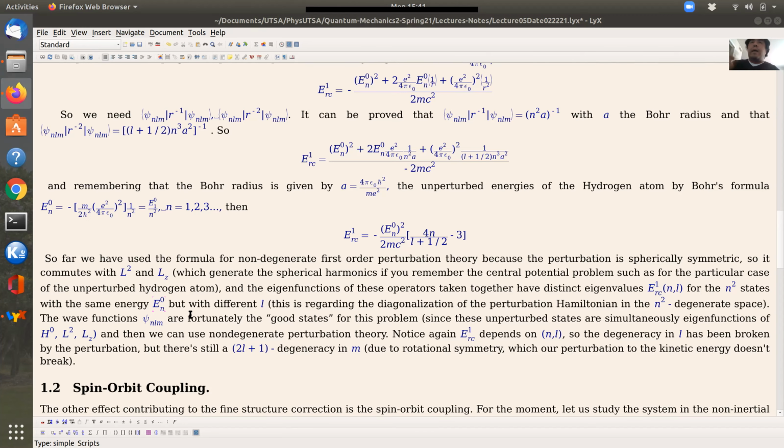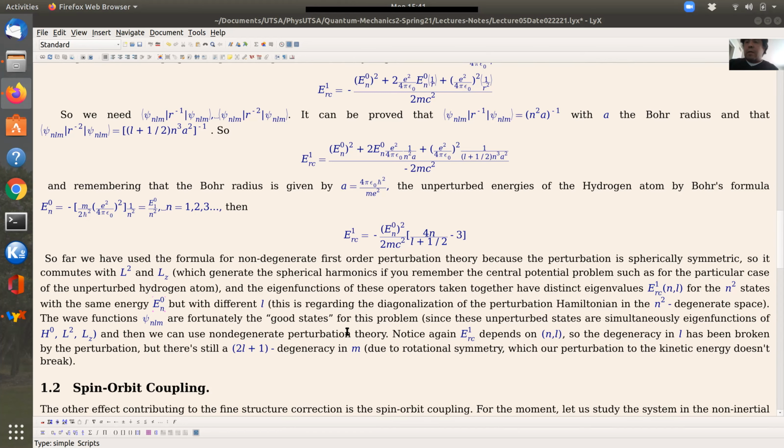In a way, the old eigenfunctions were the good states, because these unperturbed states are simultaneously eigenfunctions of the old Hamiltonian, L squared and Lz. And we can use the non-degenerate perturbation theory in the spirit of the theorem, where you find an operator that commutes, etc., etc.